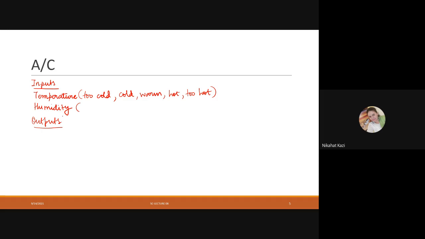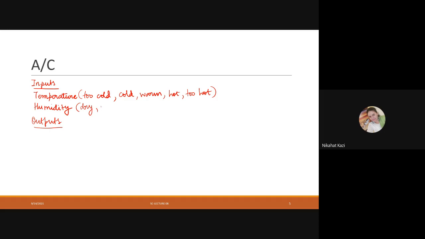So next is humidity. What could be the linguistic values for humidity? Say it is dry. I can say that the room that I'm in, where the AC is going to work, is dry.